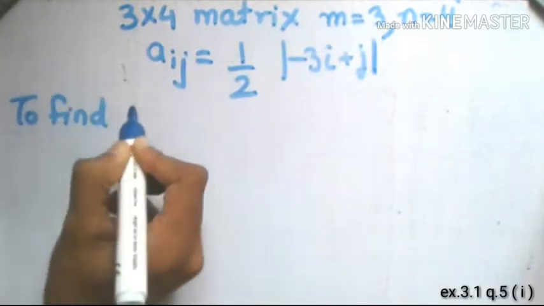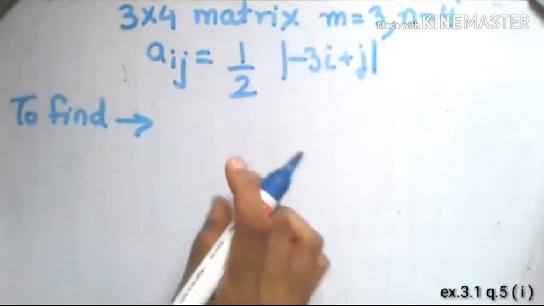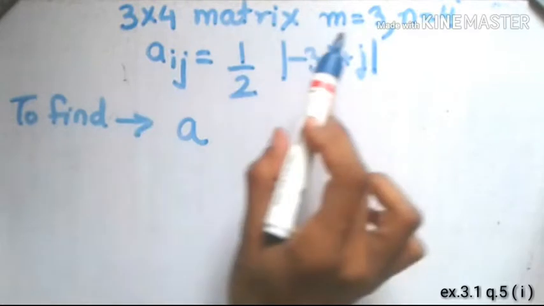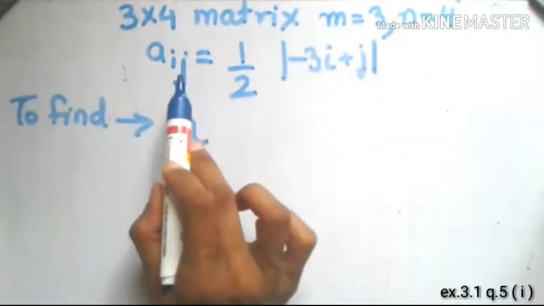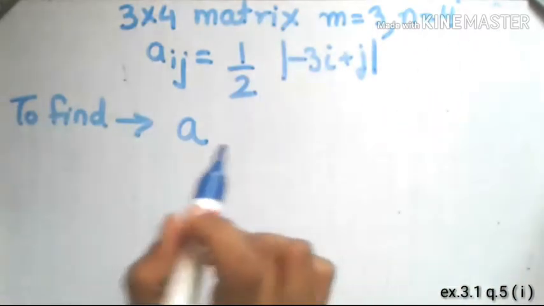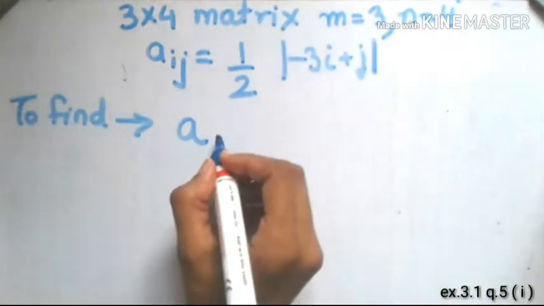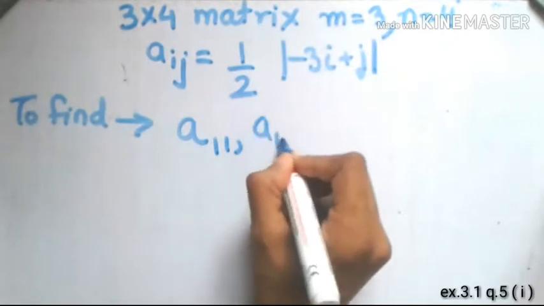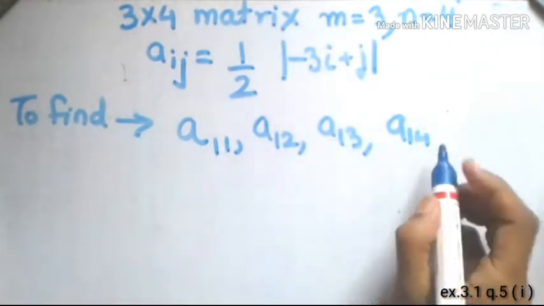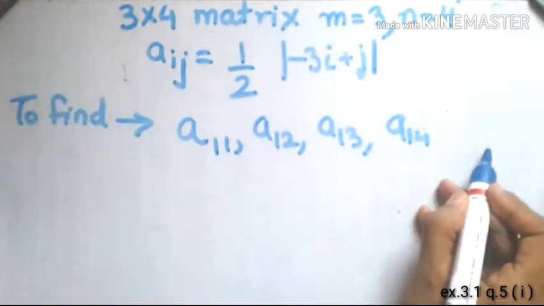Now let's exactly define what we have to find. Now i will take values from 1 to m, that is 1 to 3, and j will take values from 1 to n, that is 1 to 4. So let's write out all the matrix elements. A11, A12, A13 and A14. I stop here because there is no column after 4.